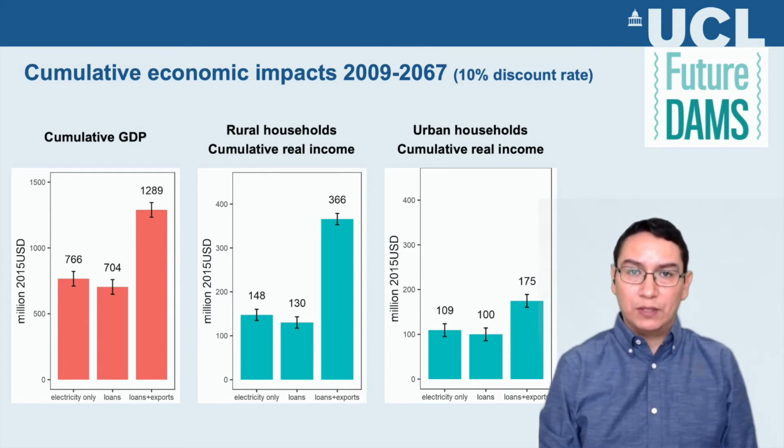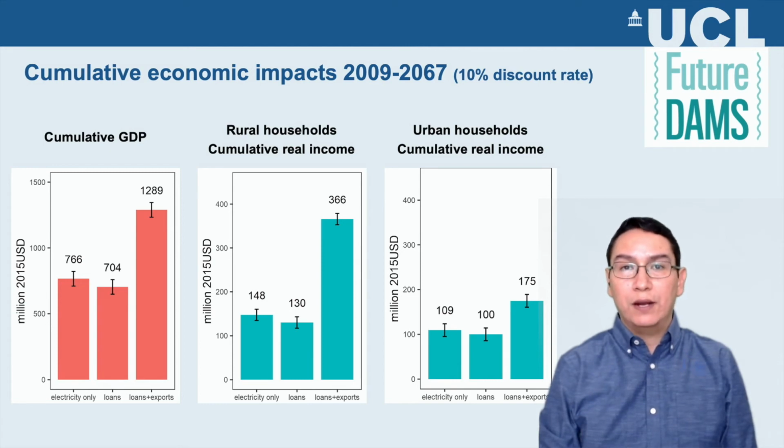As we mentioned previously, this number reflects only the direct impacts which are commonly assessed by most of the literature. If we add the cost of financing the dam in the loans scenario, the GDP gains are reduced to $704 million.